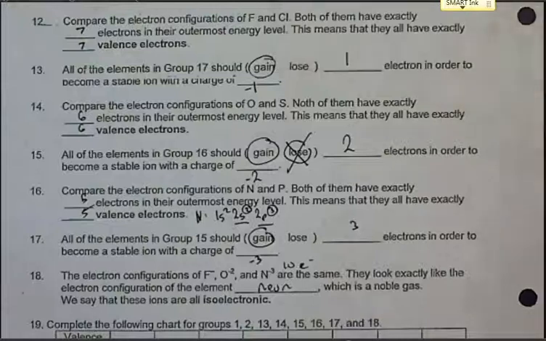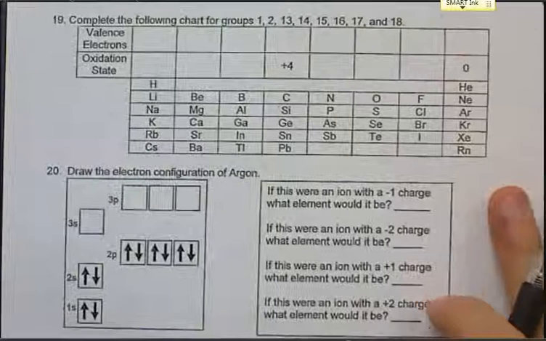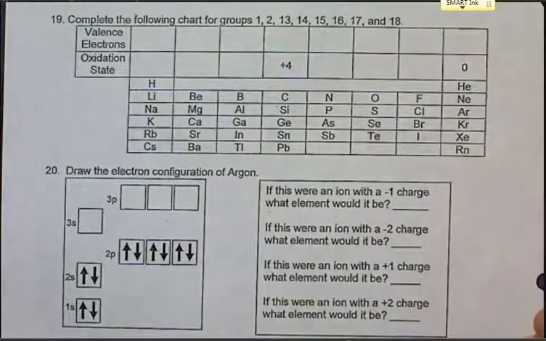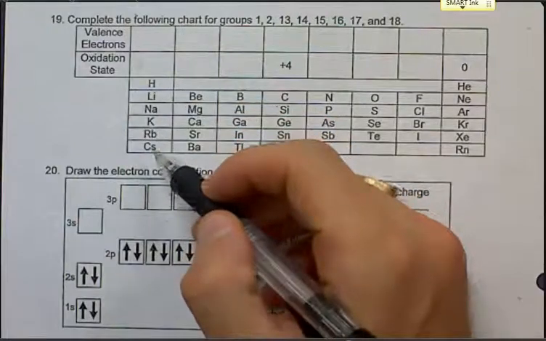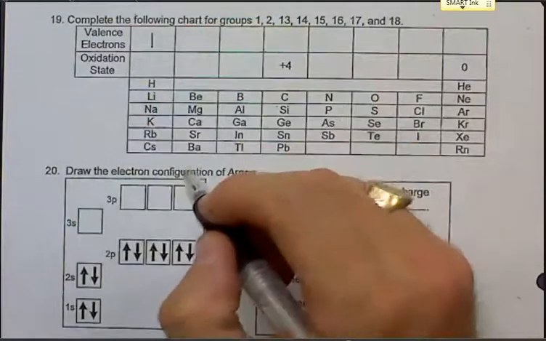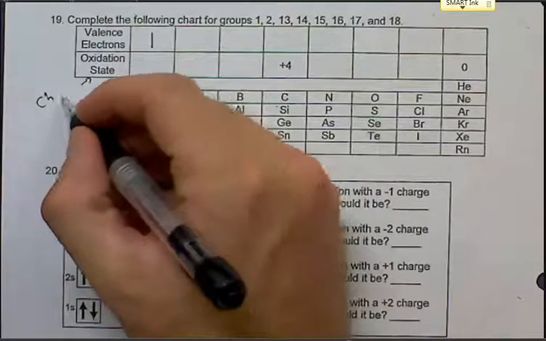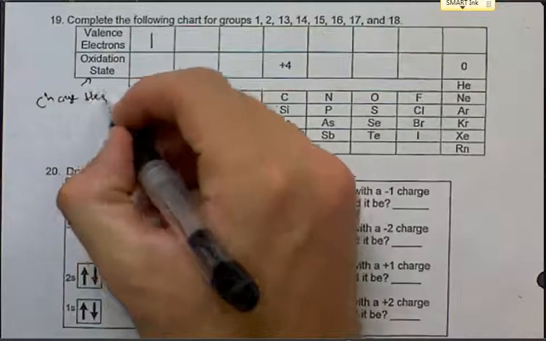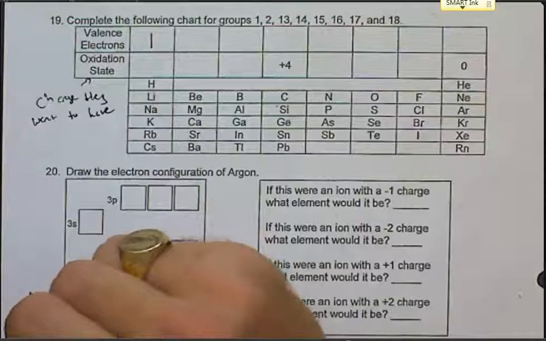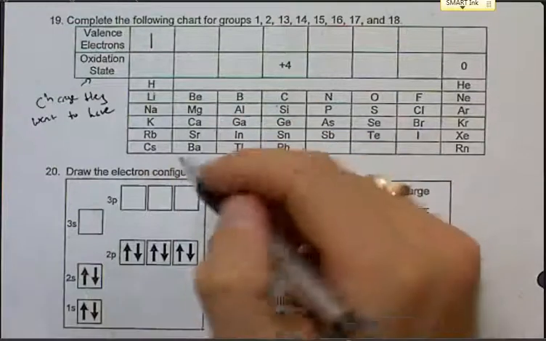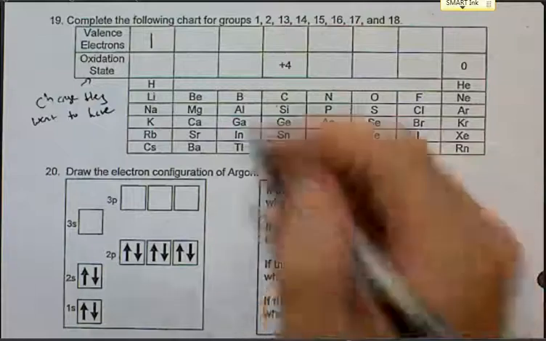Here's the takeaway. We're going to complete the following chart. All we need to do is go back and look at what we've done previously. Hydrogen, lithium, potassium, sodium, all that. We've already discovered they have 1 valence electron. And the oxidation state is the charge they want to have after they react, so that they have their noble gas thing going on.